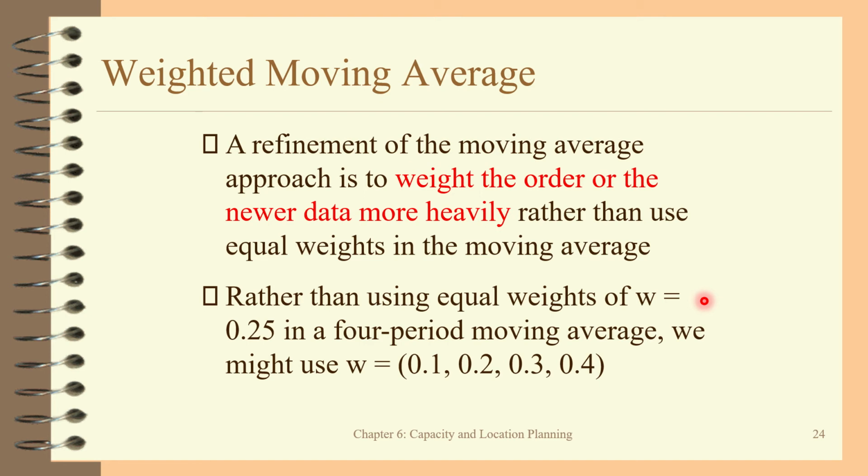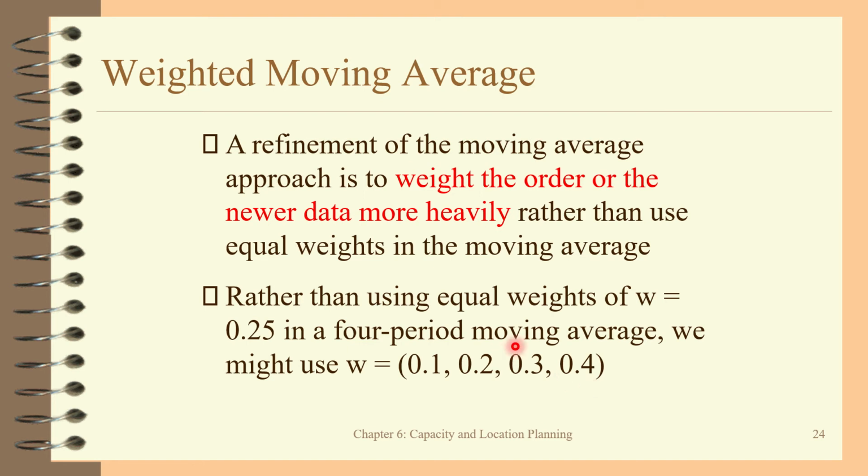But actually, sometimes we would like to give more weight to the newer data. So we change the approach from the typical moving average to weighted moving average by giving a higher weight to the newer data.